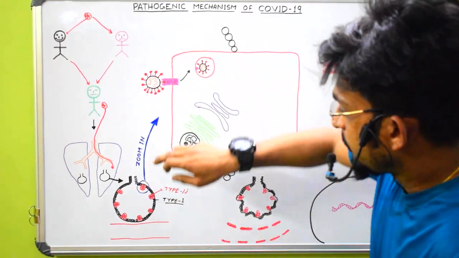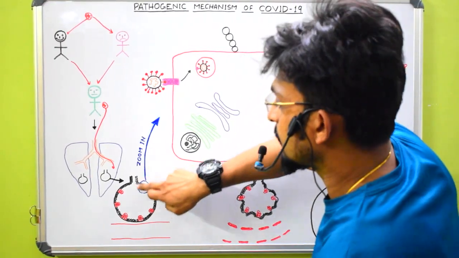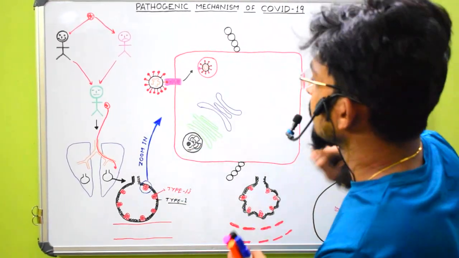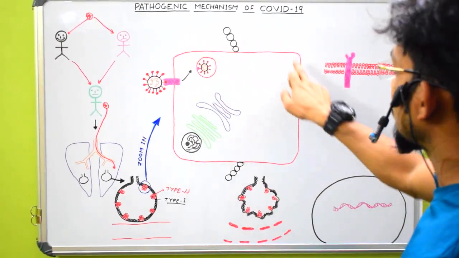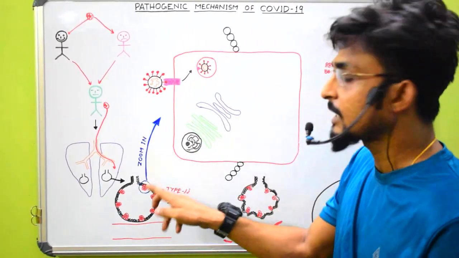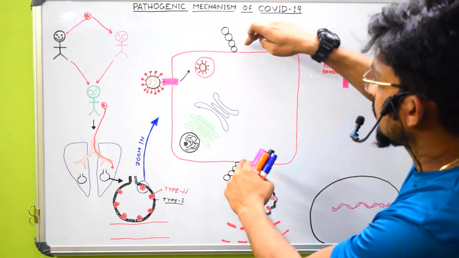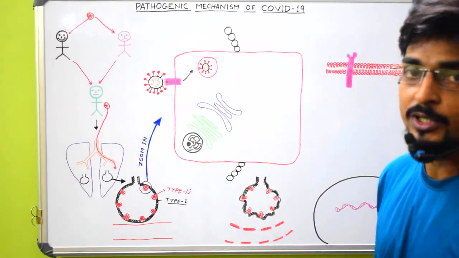If we further zoom in on this circled region, we can see a bigger picture. This red cell is the type 2 pneumocyte cell, and these are type 1 pneumocyte cells.